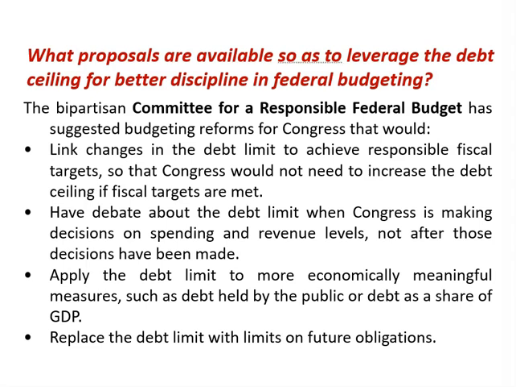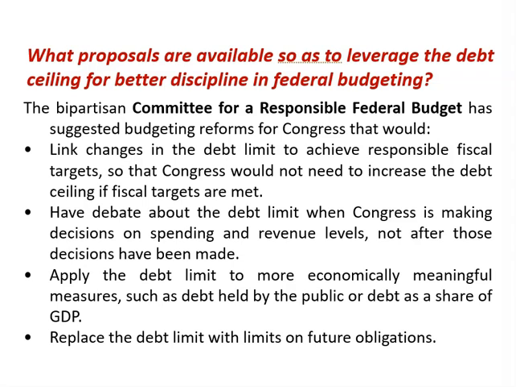What proposals are available to leverage the debt ceiling for better discipline in federal budgeting? The Bipartisan Committee for a Responsible Federal Budget has suggested budgeting reforms for Congress that would: 1. Link changes in the debt limit to achieve responsible fiscal targets, so that Congress would not need to increase the debt ceiling if fiscal targets are met. 2.